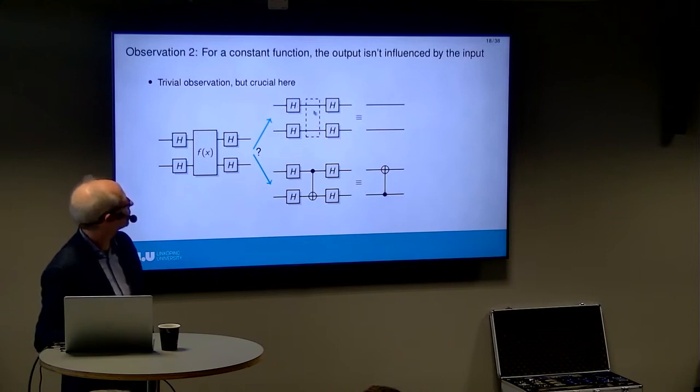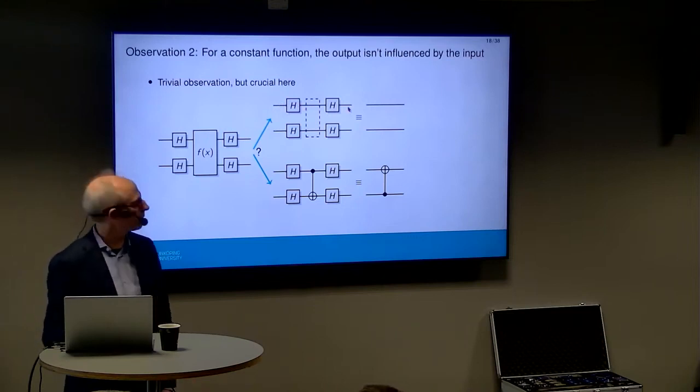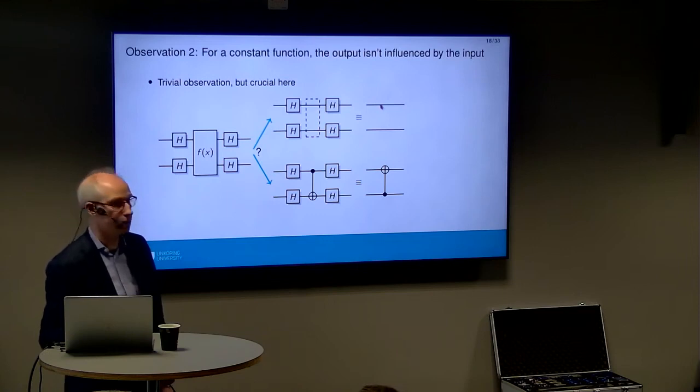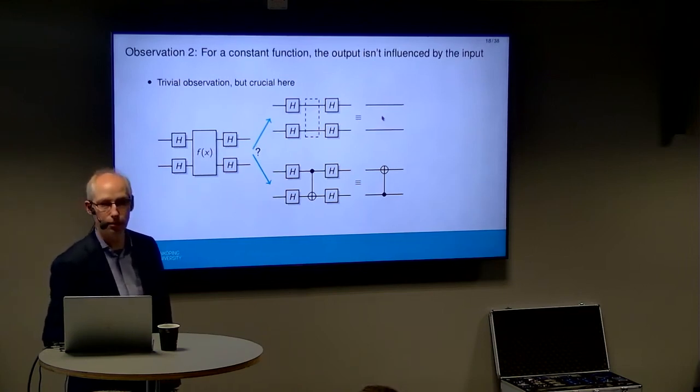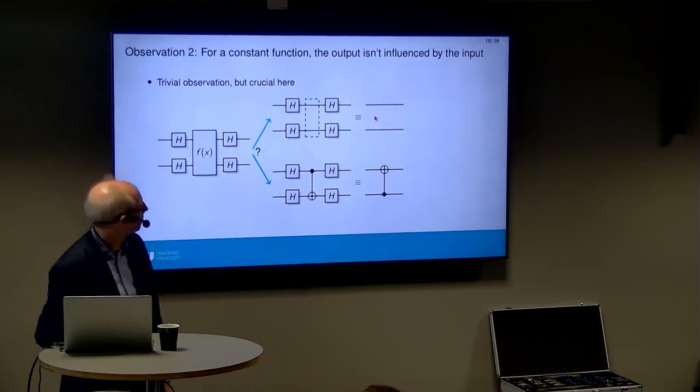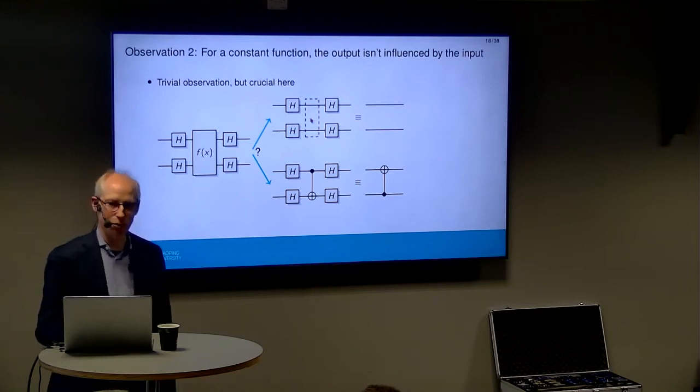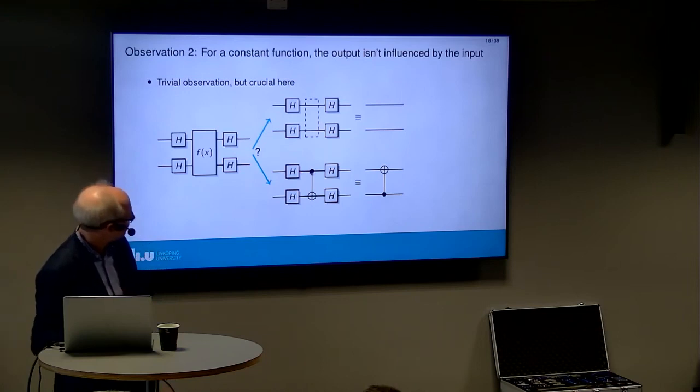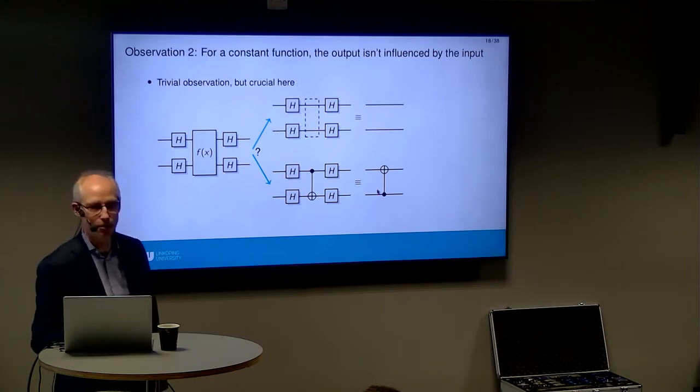If I put Hadamard here, well, I'll change from 0 to plus and then back to 0. Nothing happens, right? So just as if I had nothing. A constant function is constant. It's a trivial observation. A balanced function does something. And when I put these gates, it turns upside down.